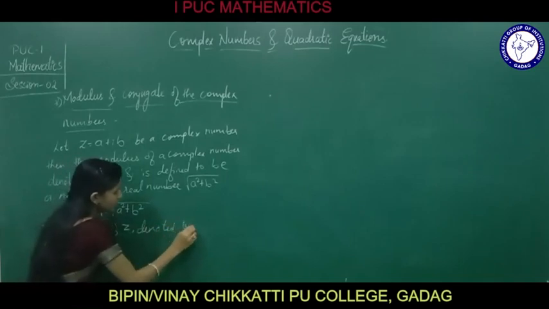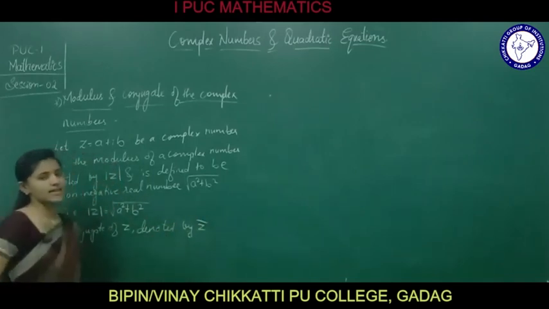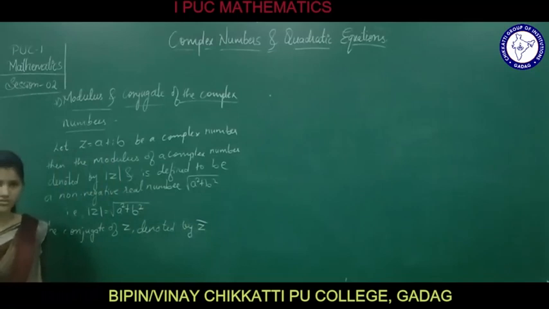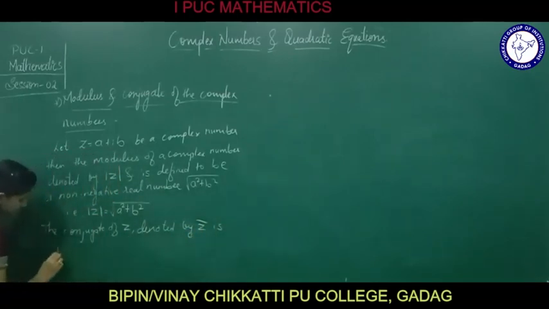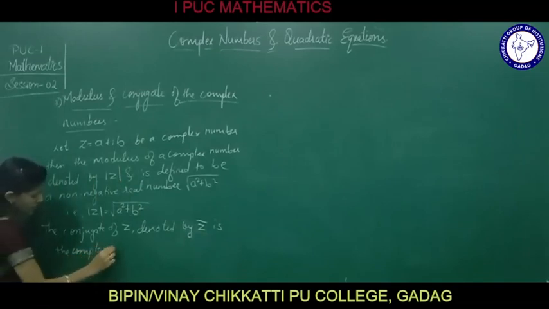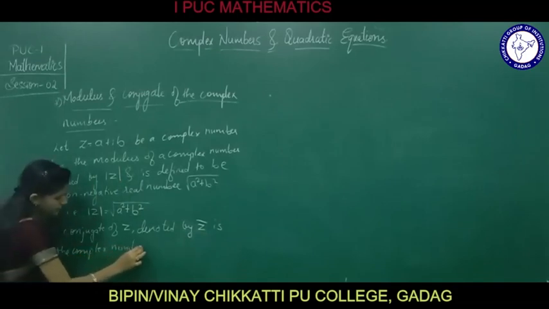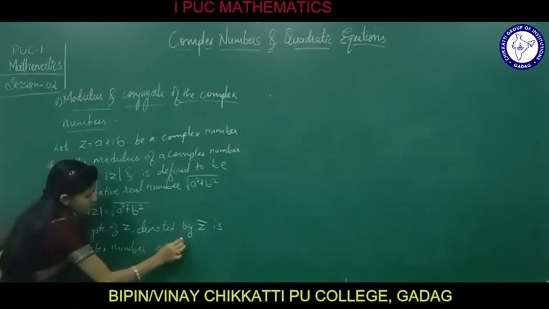Denoted by z bar, whatever you say. The conjugate of z, denoted by z bar, is the complex number a minus ib.